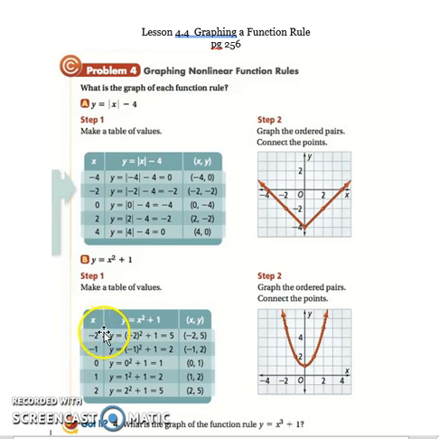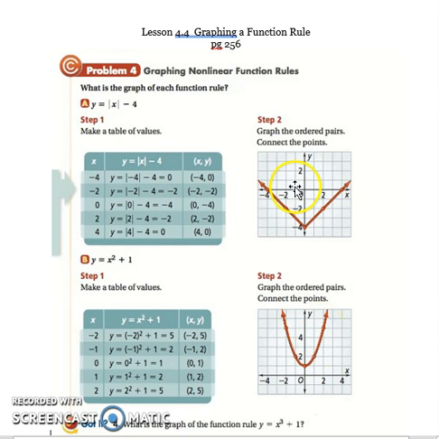So if we put -2 in for x squared, we get 4 plus 1 is 5. So (-2, 5) would be the point, which is right there. Put -1 in, you get 2, and so on. Find all your points. (-1, 2) is here. (0, 1), (1, 2), and (2, 5).